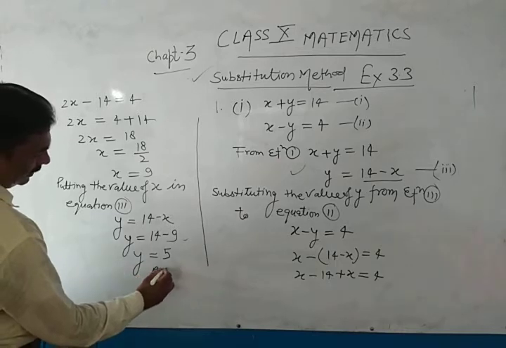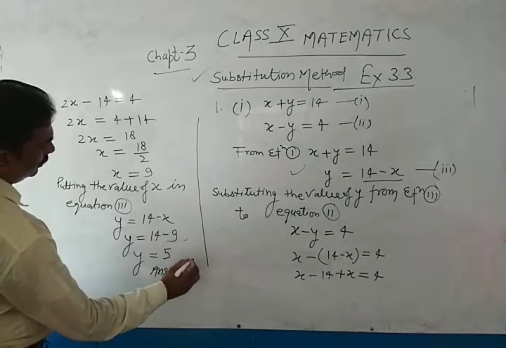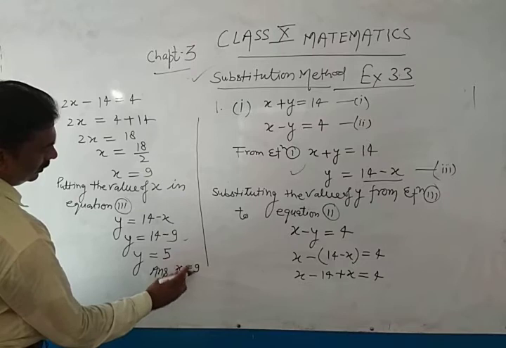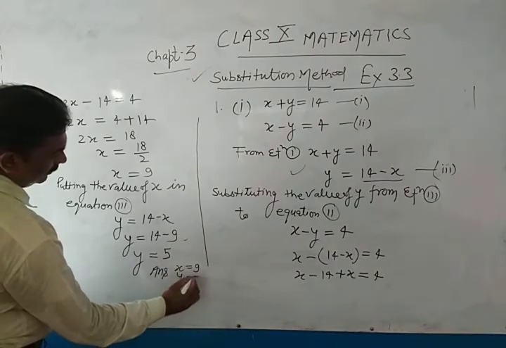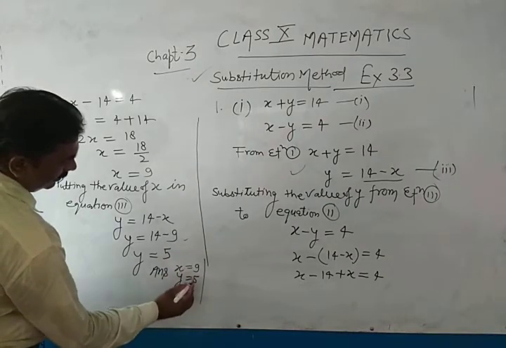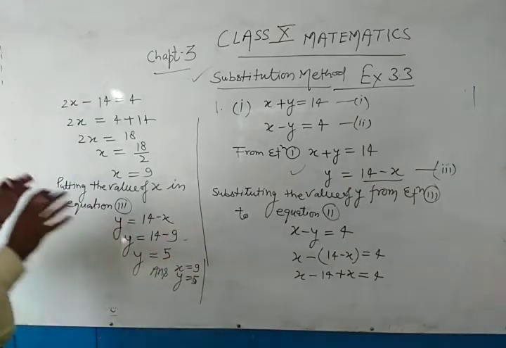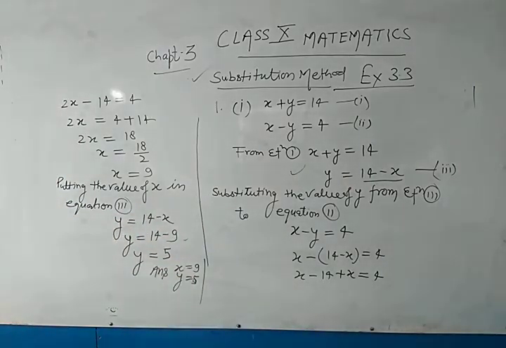So our answer is x is equal to 9 and y is equal to 5. Please write down, and by this way you will solve all parts of question number 1. Please note the solution, and then we will solve the next part.